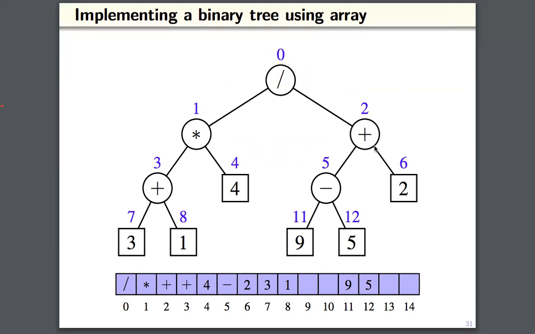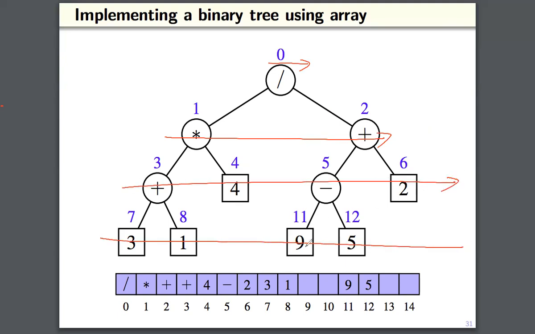And how do we use it to store this tree as an array? Let's see. You give the numbering 0, 1, 2, 3, 4, 5, 6, 7, 8, 9, 10, 11, 12, 13, 14. Of course, there is no node here. All these are holes. But you need to include the indices or numbering for these empty nodes also.